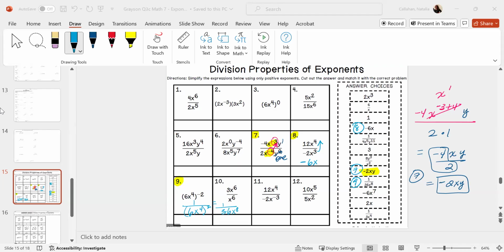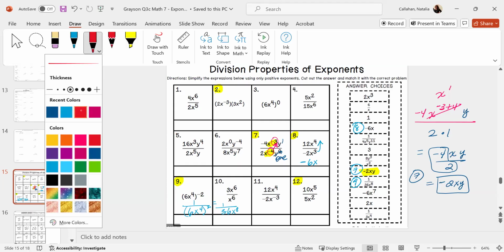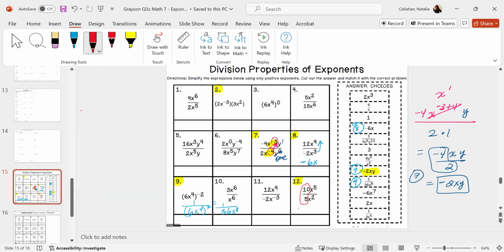Two of the questions I chose were 12 and 2. For number 12, you divide 10 divided by 5, which is 2. Move the 2 up, so x to the third, correct? Yes. So that's number 12. And number 2: 2 times 3 is 6, right? -3 plus 2.